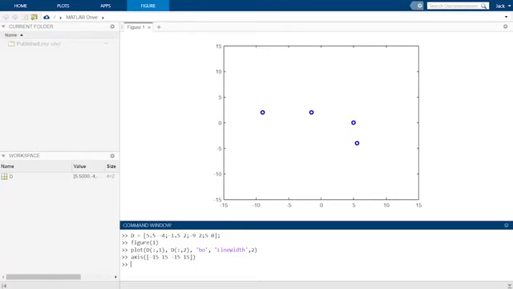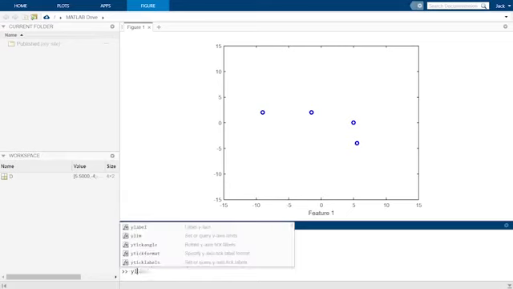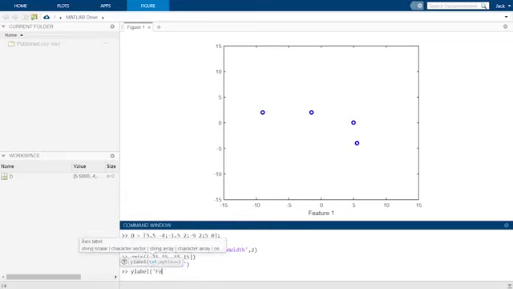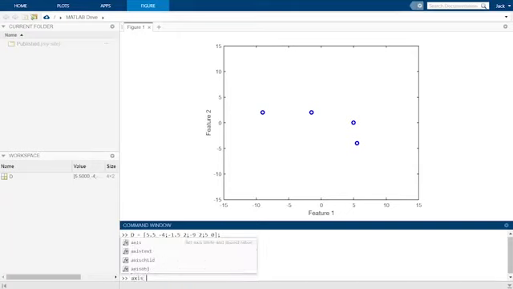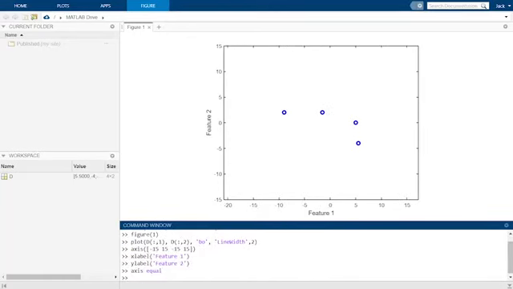We can also label the axes. To make sure the aspect ratio is correct in the x and y directions, we can use the axis equal command. This ensures that the distance along the x and y axes is represented with the same number of pixels on our screen.